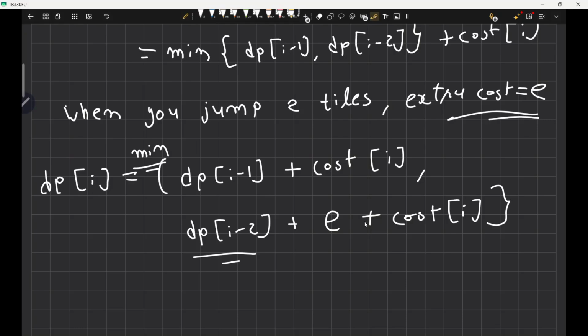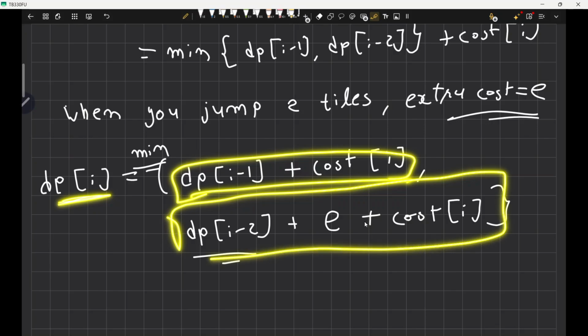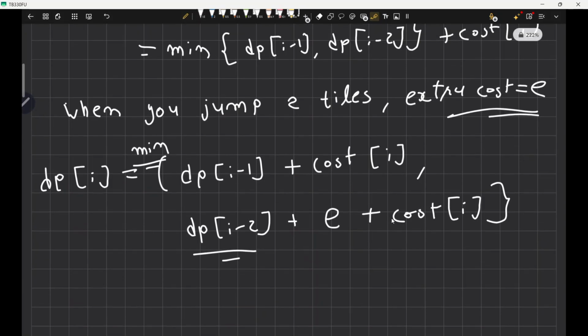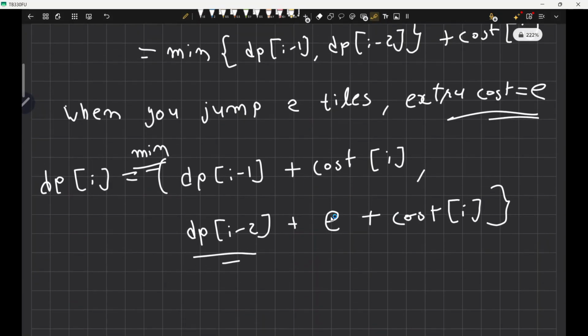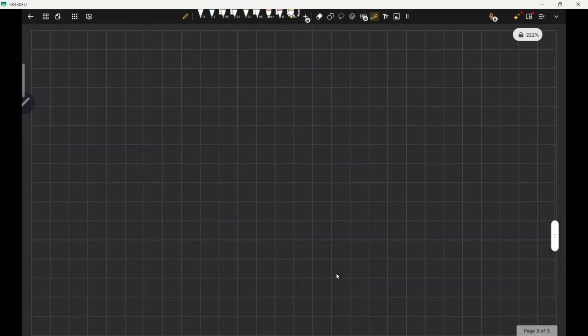So let's say in the brute force one, what you do is that you take all of the ways, but in this greedy we just take, if you have to come till I, just the minimum path from these two. That's it. So that's how this DP works. And the transitions are going to be very easy. The main thing is about state. So this was the second type of this 1D DP question.